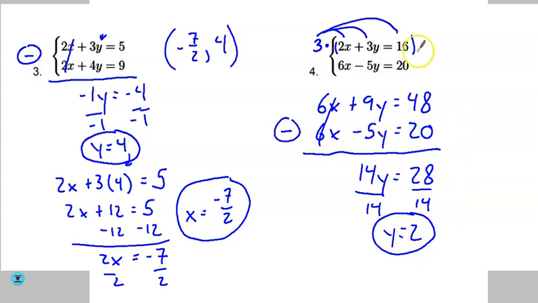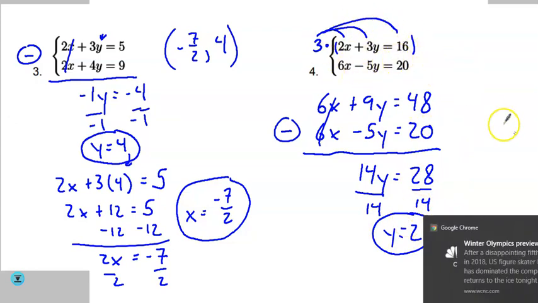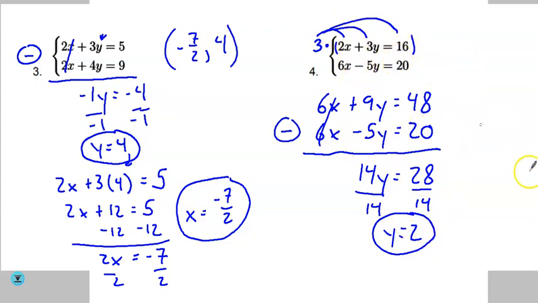But you got y as 2, so you got to come back up. So let's use the top one. I'm going to change the y. So 2x plus 3y equals 16. And it'll be a 2 that's substituted in for y.